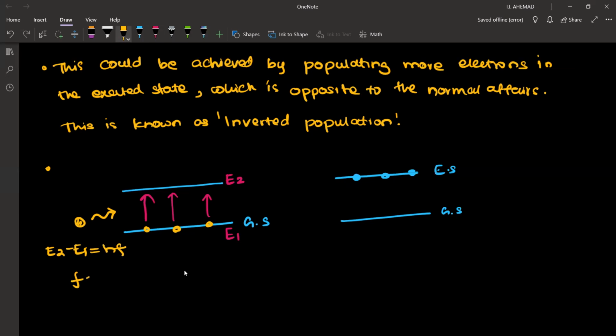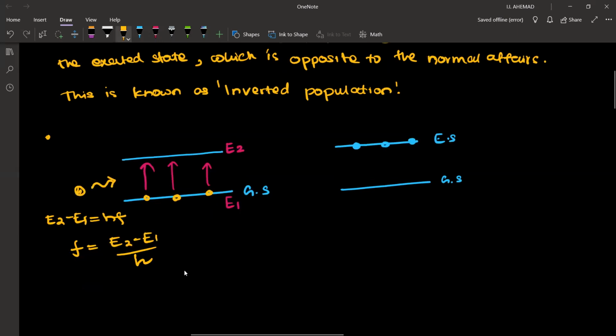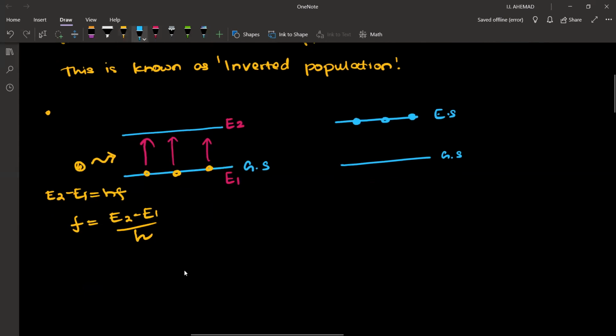So the frequency of the radiation is (E2 minus E1) over h. By applying radiation whose frequency is equal to this frequency, we can pump these electrons from the ground state to the excited state. Is that idea clear? This last point, is it clear?